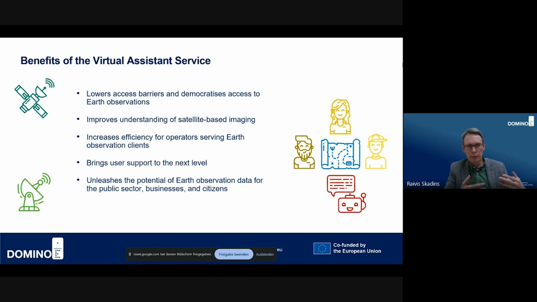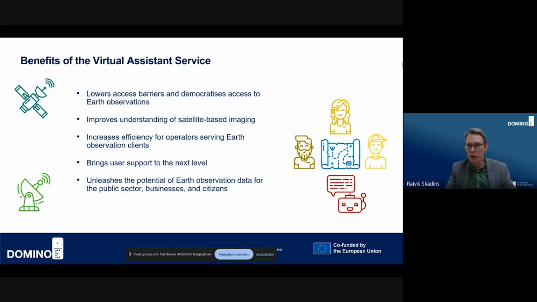So we can bring in new end users who would not be able to access the systems without such tools that help them. So we democratize access to Earth observation. More users can be served, and such a virtual assistant also improves understanding of satellite-based imaging.